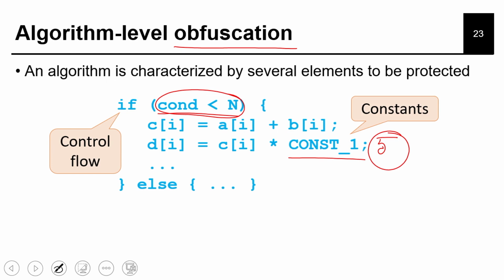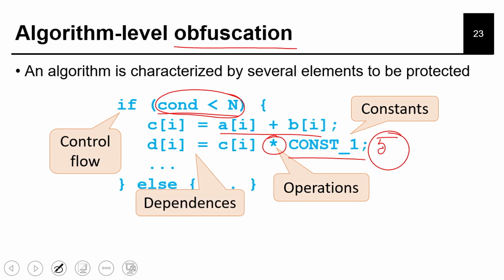Or maybe the operation itself. I am doing here a plus b, I could have done a minus b also, ai plus bi, or ai minus bi. If I do not tell them which operation I am doing here, that information can also be hidden. He now has to look for which operation will be applicable here so that the behavior is exactly as the original behavior.